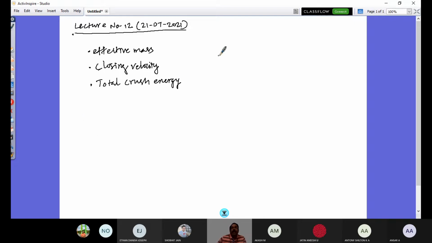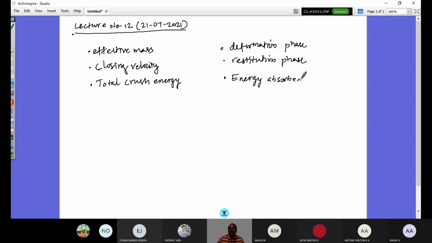Then, of course, we have looked at the deformation phase, the restitution phase, and let's look at the energy absorbed, and rebound energy.